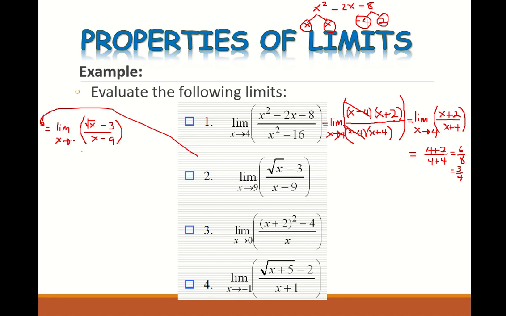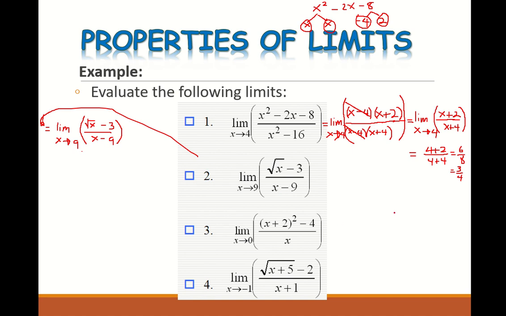So now if you do the direct substitution, what will happen? If x approaches 9, then 9 minus 9 makes 0. Square root of 9 is 3, minus 3 is 0. So you have again 0 divided by 0.